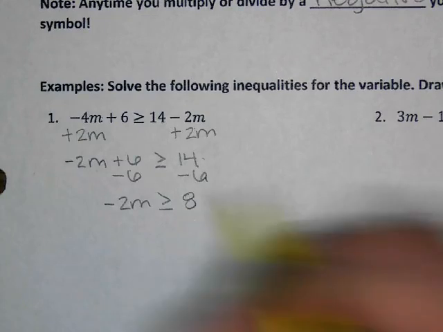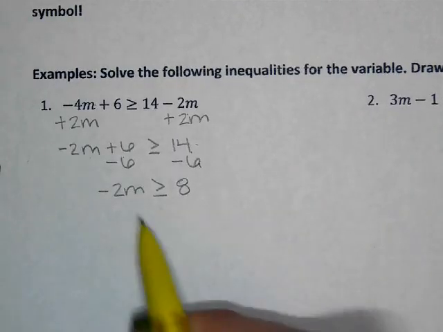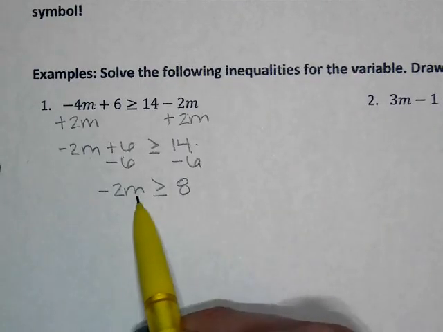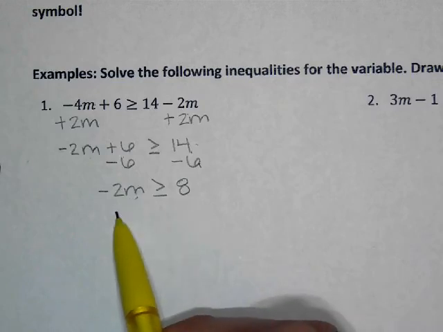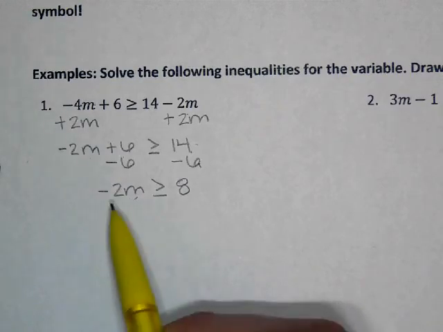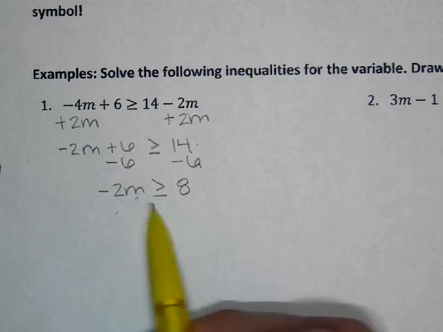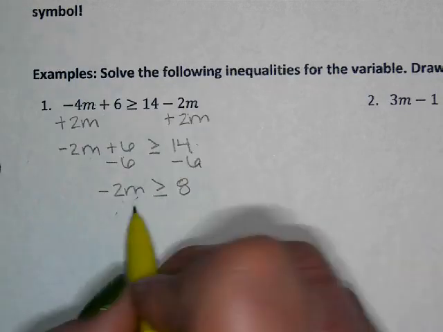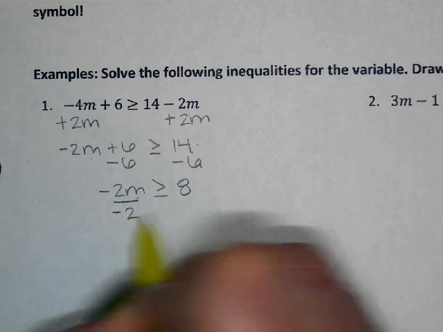And now this is where I'm going to have to do it, because to get the m alone, what do I do with the negative 2? I'm going to divide. So right now, negative 2 and m are being multiplied together. So I'm going to have to divide by negative 2 to get that m alone.